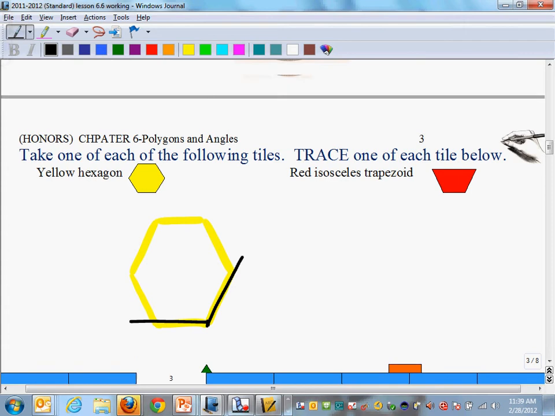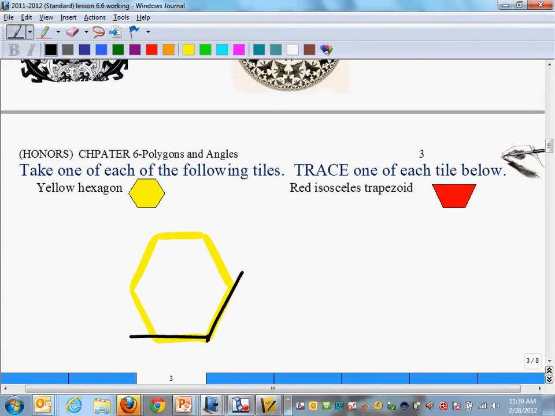In a moment, I'm going to ask you to measure all the angles here. You work as a team. Each person take maybe 2 shapes and work your way down.